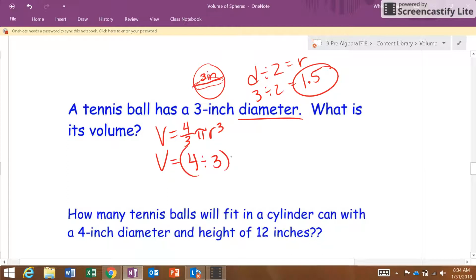And there's a couple of different ways you can write your solutions. Sometimes the answer choices on a multiple choice test might have pi in the answer instead of 3.14 or 3 and 14 hundredths. So just be careful. You can always evaluate that by changing the pi to 3.14.